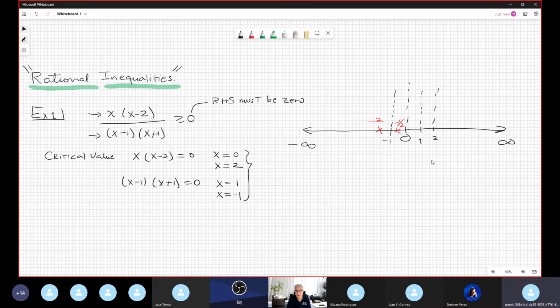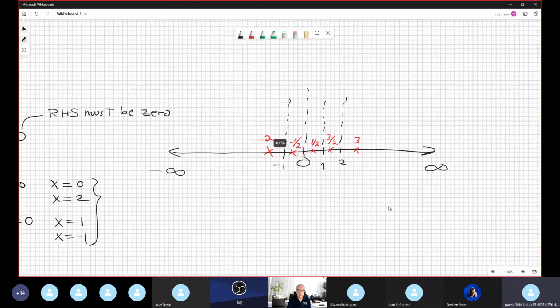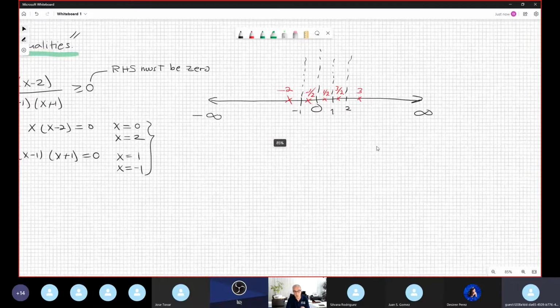Let me zoom in to see more clearly. And between 0 and 1, I select positive 1/2. And between 1 and 2, 1.5, or 3/2 in fraction, either way. And after 2, 3. So 5 testing points. It's similar to the polynomial case, except some details are different.